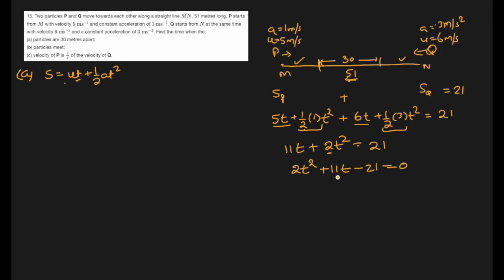And we'll find T. Obviously one of the T's will be a negative T, that we will ignore, but let's see what we get here. 2 times 21 is 42. So 2T square plus 14T minus 3T minus 21 equal to 0, that is (2T minus 3)(T plus 7).